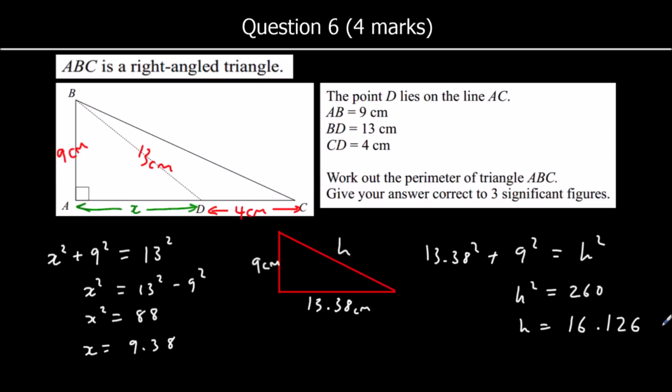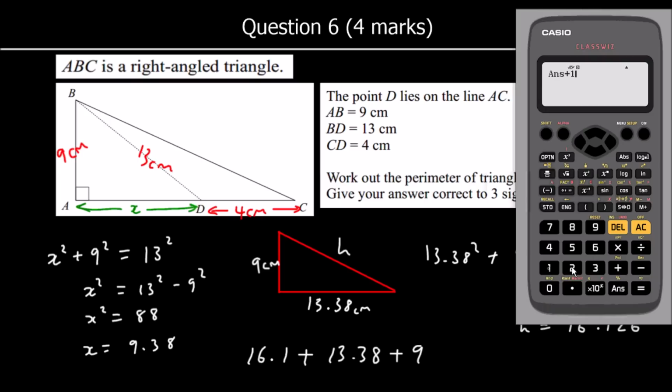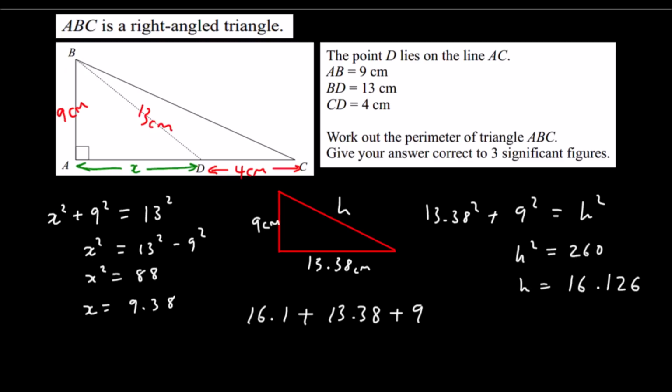So the perimeter is 16.1 plus 13.38 plus 9, and that gives us 38.5 centimeters.